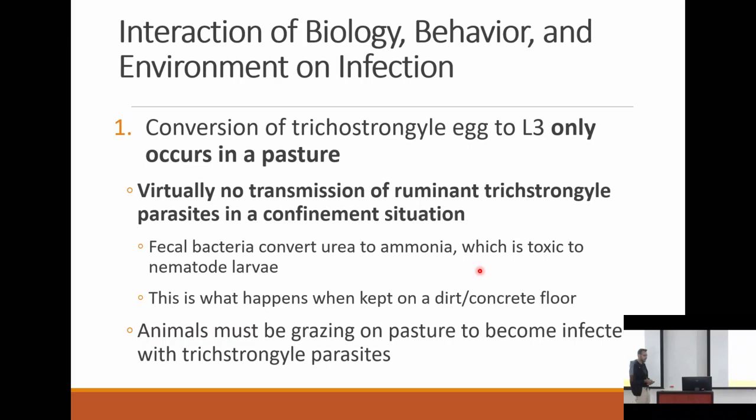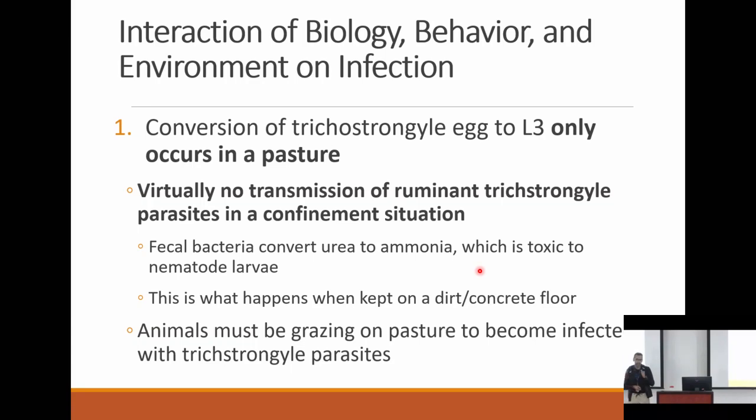So what happens is the conversion of these Trichostrongyle nematodes from egg to larvae normally happens on the pasture, always on the pasture. No transmission of these parasites happens in a confinement situation, because the animal must graze on the pasture to become infected with these Trichostrongyle nematodes.